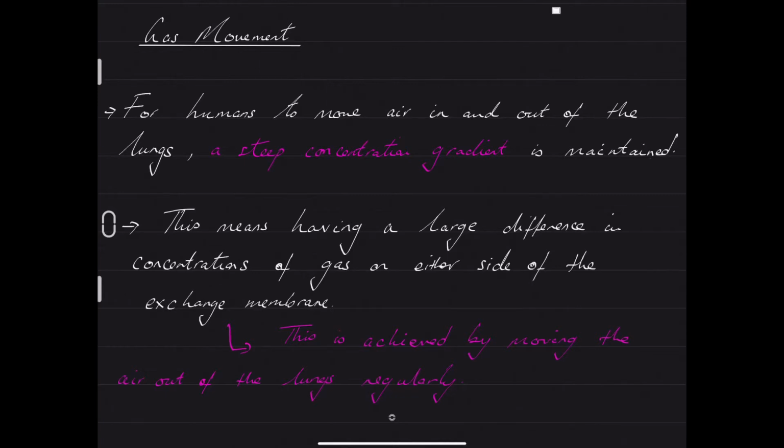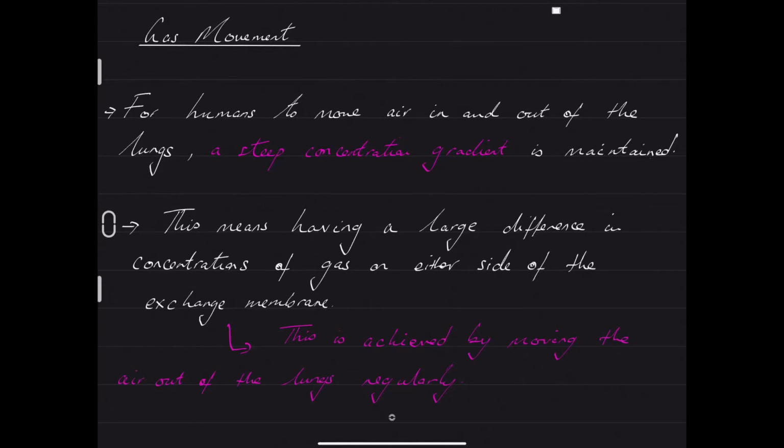Now, you would have come across the concept of diffusion, and how diffusion is the movement of particles, whether in a gas or a liquid, from a high concentration to a low concentration. And maintaining a steep concentration gradient is simply maintaining these two regions of high and low.